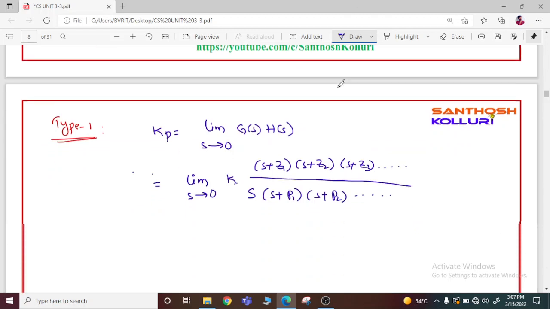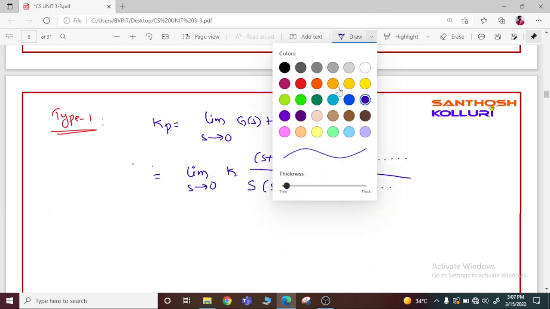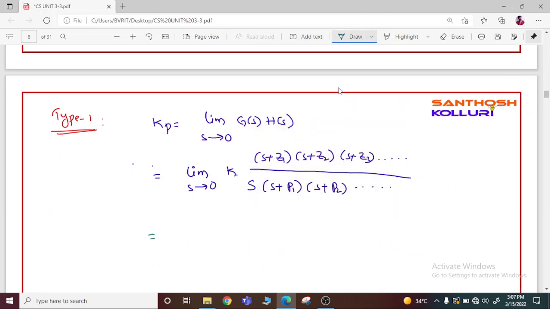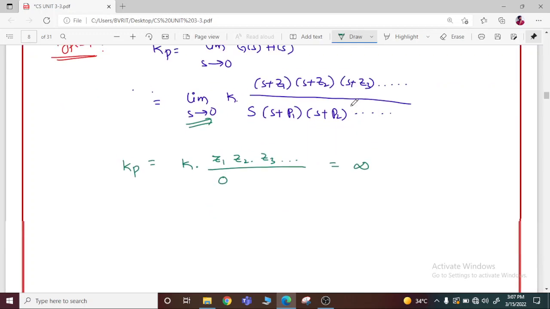When you apply the limit s tends to 0, this becomes K into z1, z2, z3 and so on, divided by 0. Something divided by 0 is infinity. So here Kp became infinity in the type 1 system.